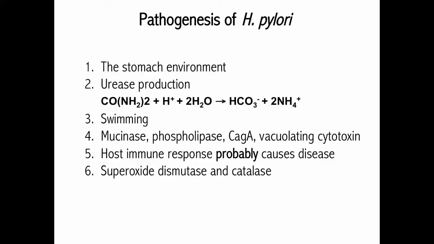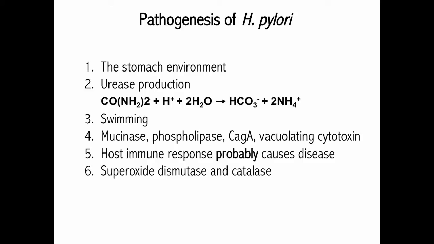In terms of the actual disease, while there is some damage caused by the bacterium through the action of phospholipase and the vacuolating cytotoxin, most of the disease is believed to be caused by the host immune response. There are generally two ways in which pathogenic microorganisms cause disease. On the one hand, they can produce toxins, exotoxins and endotoxins, that kind of thing. On the other hand, they can cause an overwhelming host immune response.